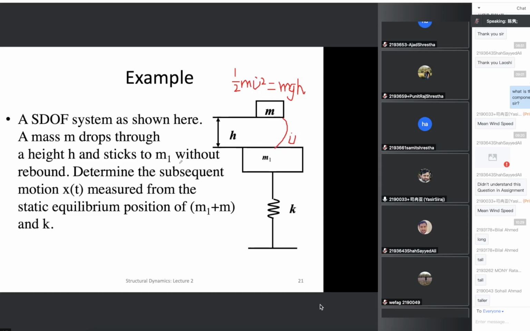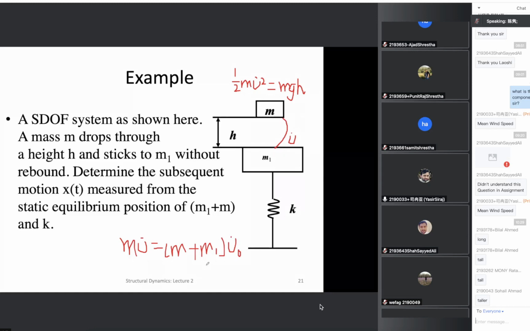After the impact, there's no rebound, so no energy loss. So what is the initial velocity of the whole system, m1 plus m2? The momentum should be balanced: m2 u equals m1 plus m2 times u dot 0, right?